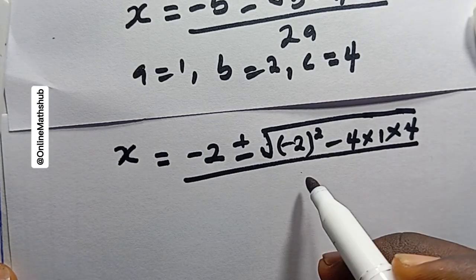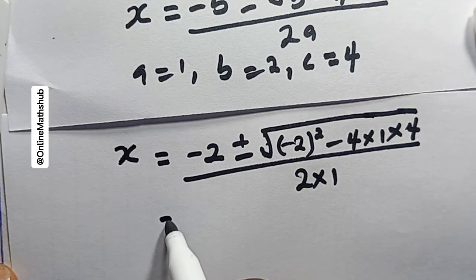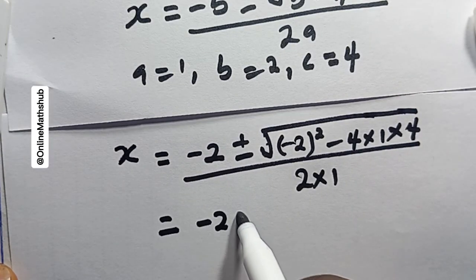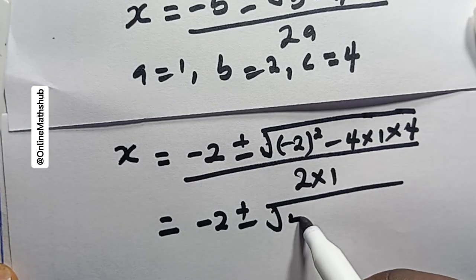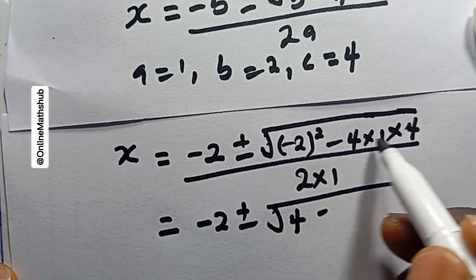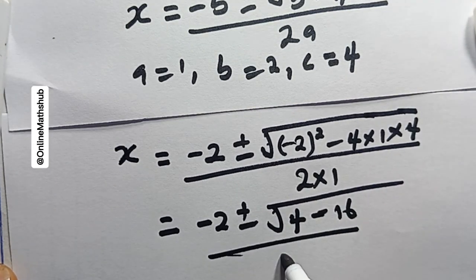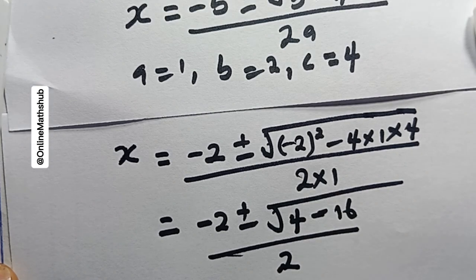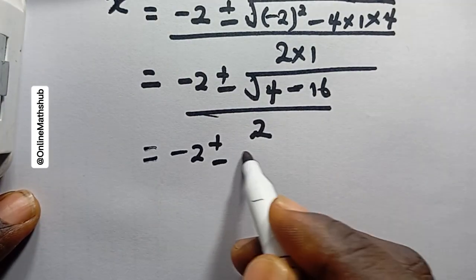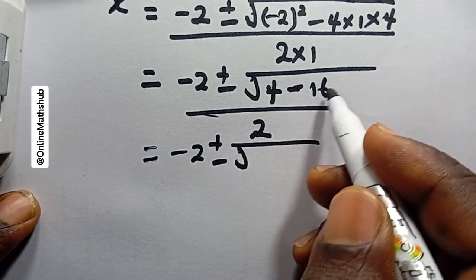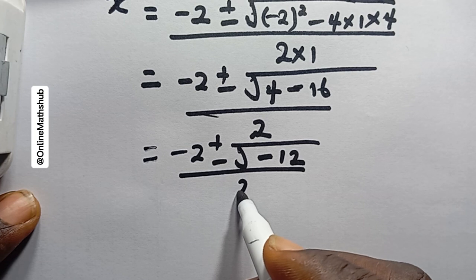All of this will be divided by 2 times a, which is 1. Moving on, this will be equal to minus 2 plus or minus the square root of 2 squared, which is 4, minus 4 times 1 times 4 here, which is 16, and then divided by 2 times 1, which is 2. What I will have is minus 2 plus or minus the square root of 4 minus 16 here, which is minus 12, divided by 2.